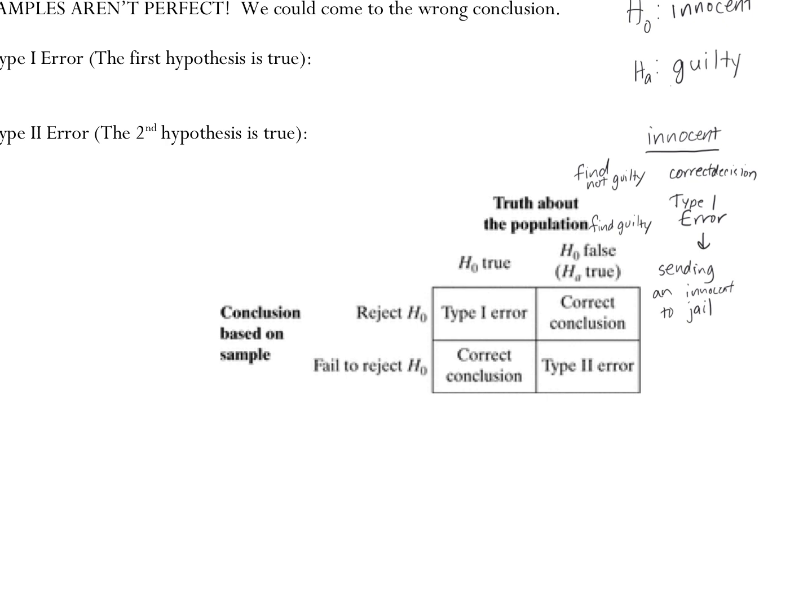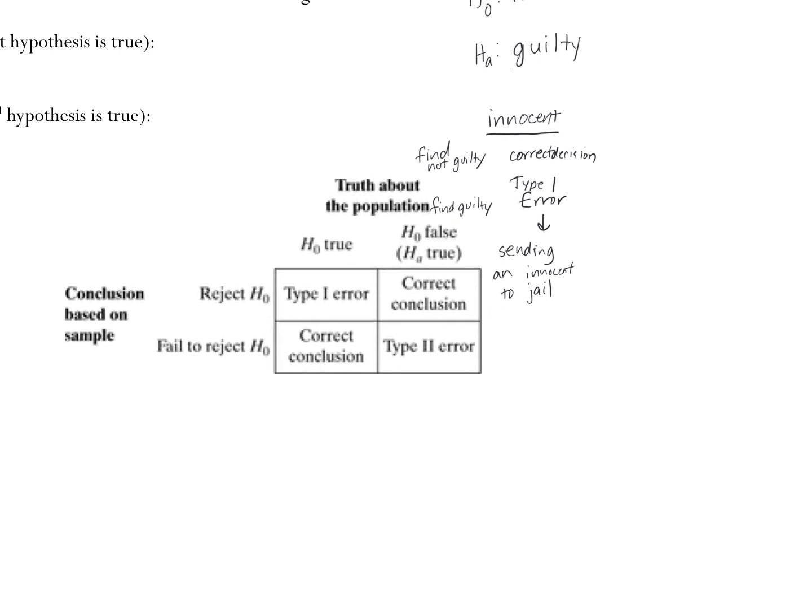Okay, what's the other possible truth besides the person is innocent? They're actually guilty. And if they're actually guilty, but we find them not guilty, are you guys with me that would also be an error? And the consequence of that error would be letting a guilty person go free.